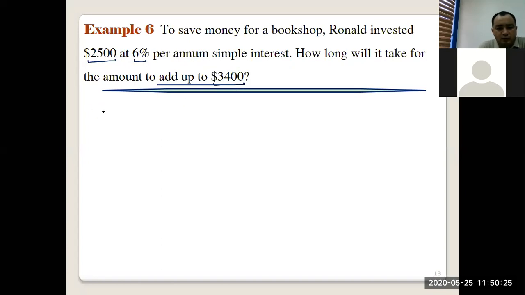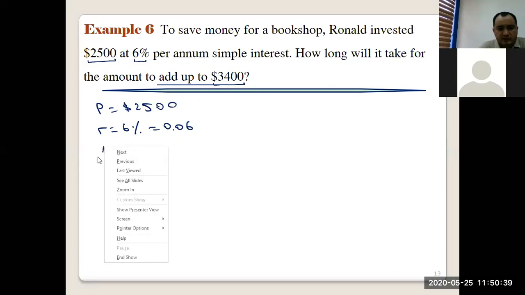Okay, that's the question. So the principal is given here. It is 2,500, and the rate also, it is 6%, which is 0.06, and the amount, right? The amount is equal to $3,400.